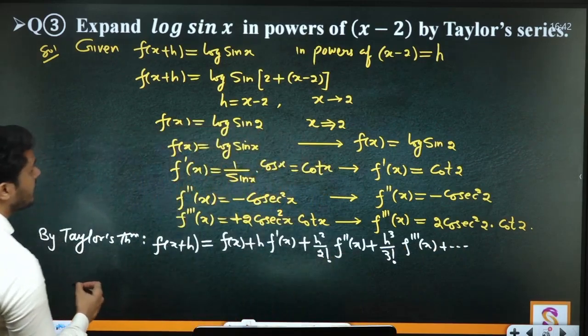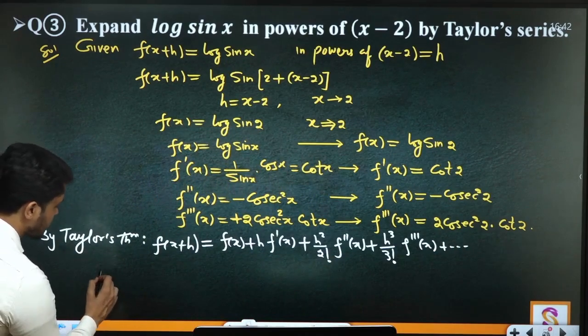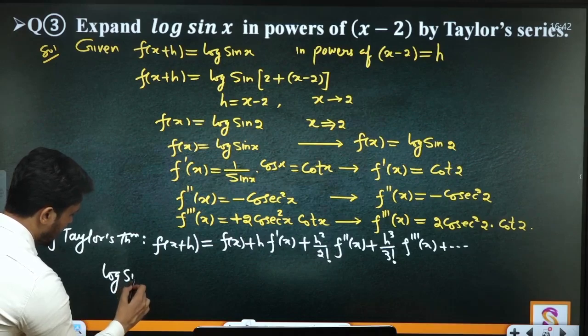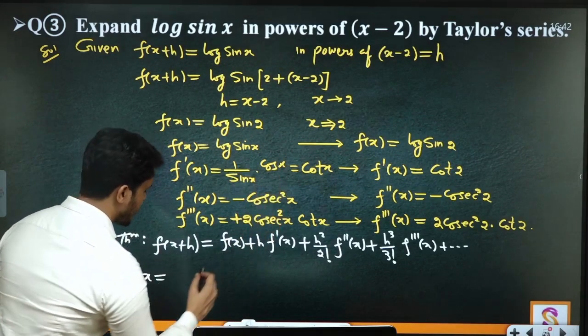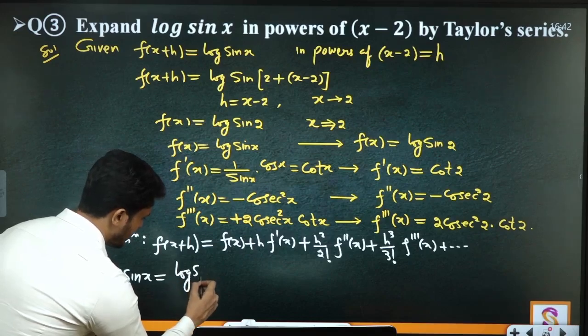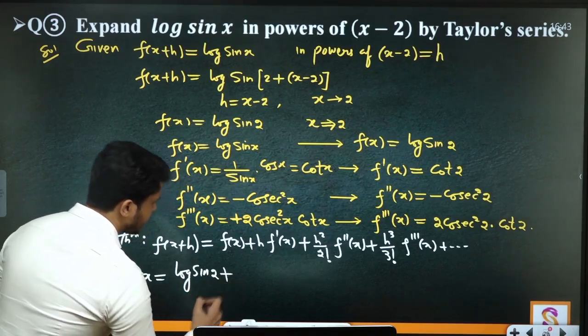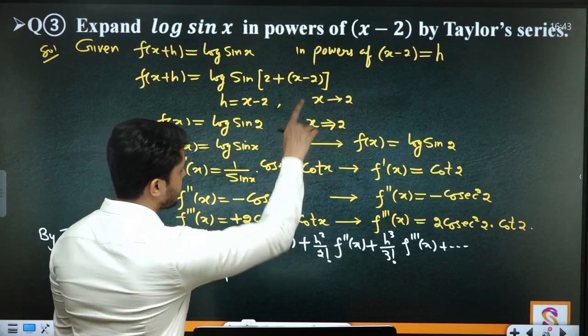Now you can put the values here like this: log sin x is equal to f(x), which is log sin 2, plus h. What is the value of h? x minus 2.